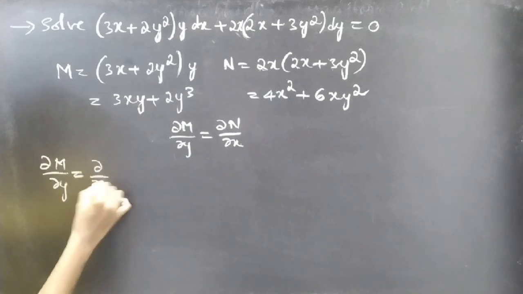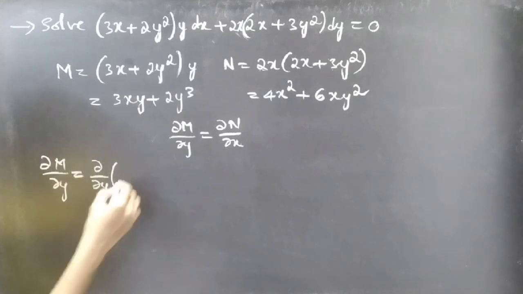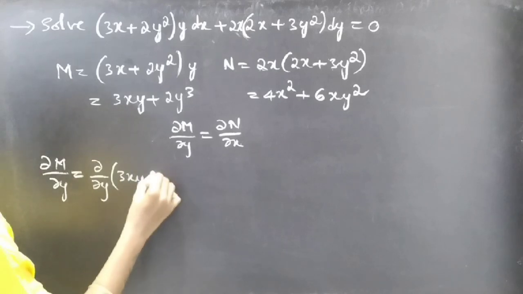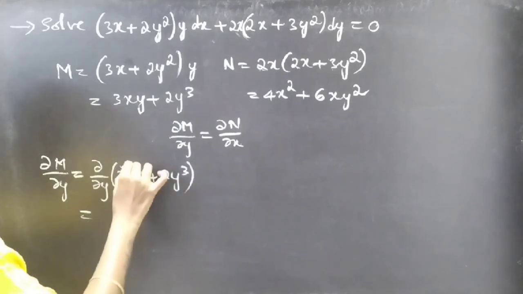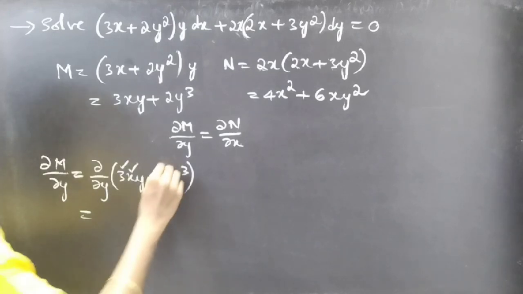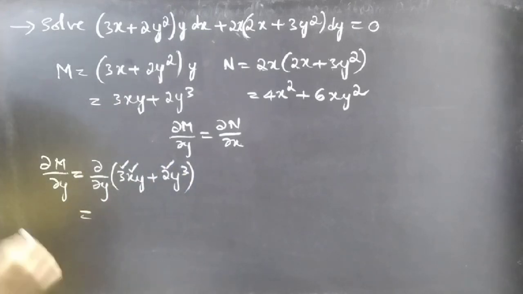We have M, 3xy plus 2y cube, right? So here 3 and x are constants, and in the second term 2 is constant, right?